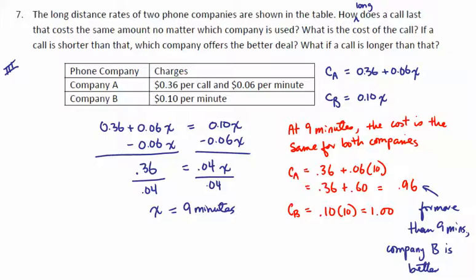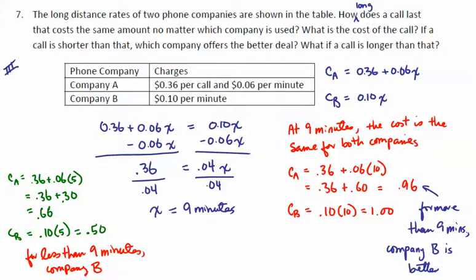For less than 9 minutes, we'll pick 5 minutes, and company A would be 36 cents plus 6 cents times 5, which is 36 cents plus 30 cents, or a total of 66 cents. Now for company B, it would simply be 10 cents times 5, which is 50 cents. So for less than 9 minutes, company B would be the better deal.